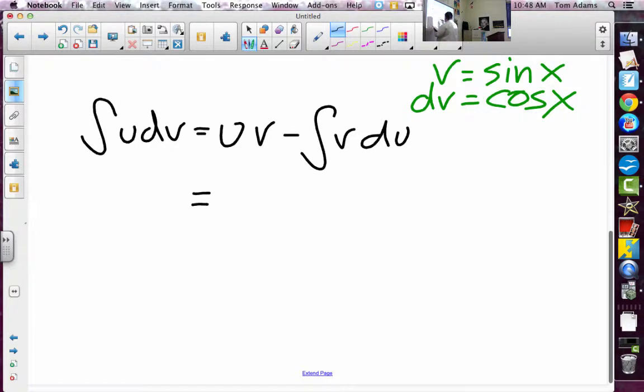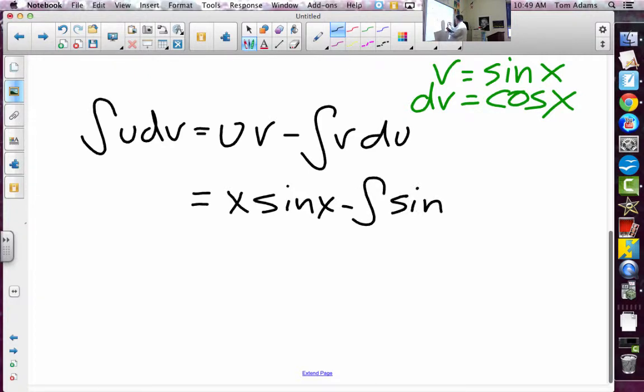That will equal u, which we said was x, times v, which we said was sine of x, minus the integral of v, which is sine of x, and then du, which was just 1.